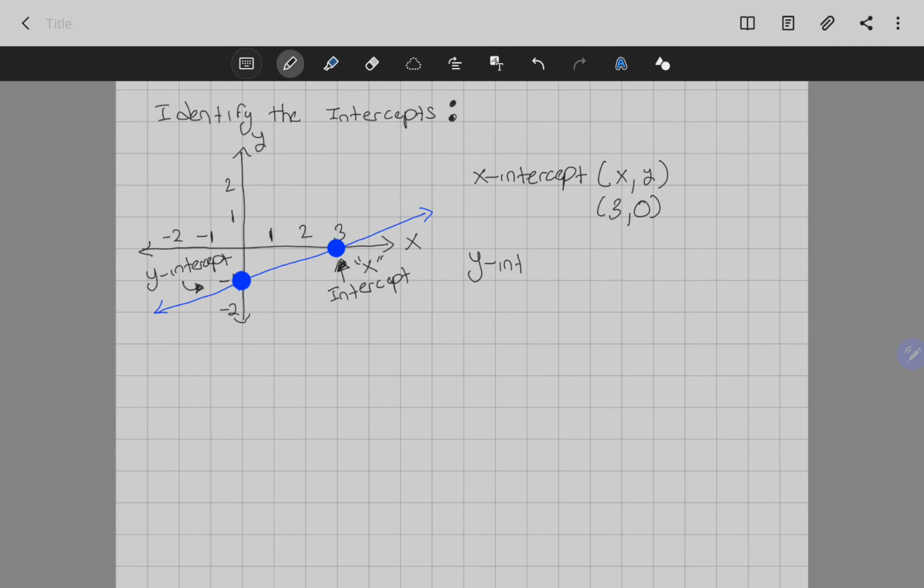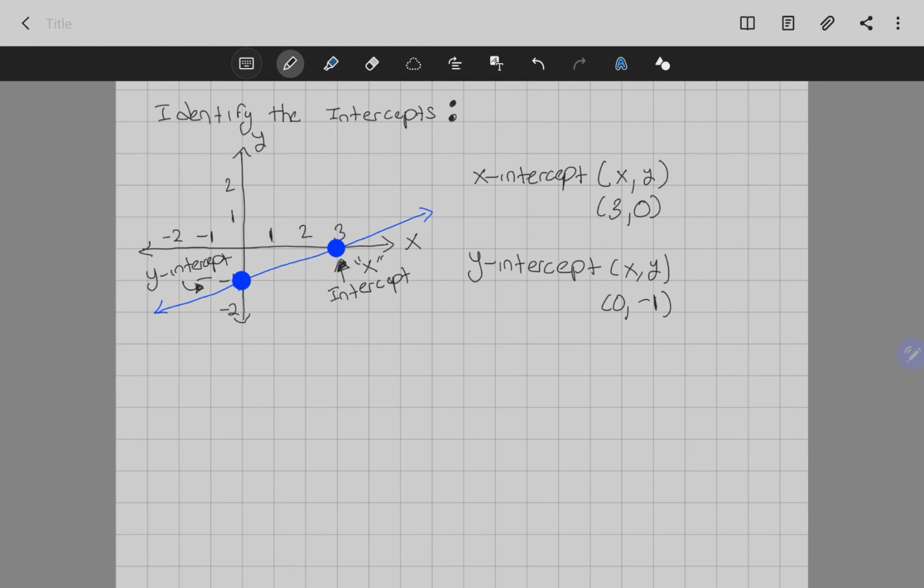For the y-intercept, it's nowhere in here on the x or y because it's not x equals 1, x equals -1. It's actually right in the middle, so that's a 0. And the y is -1.